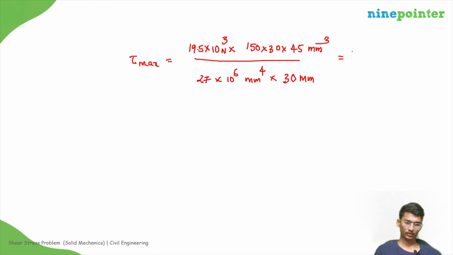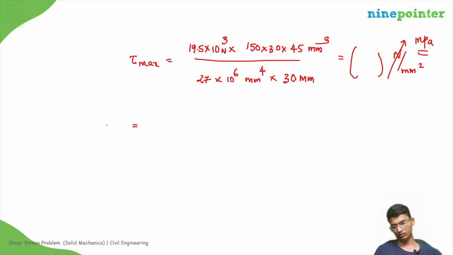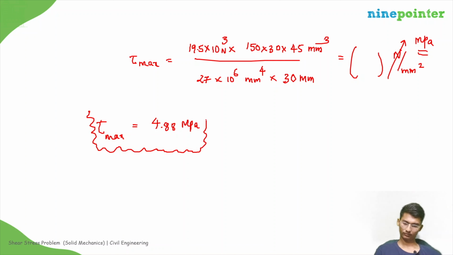So it will be value in Newton per mm square, that is megapascals. If we calculate this value, we get tau max required in the glue as 4.88 megapascals. So minimum this much value it should be able to resist to hold these two boards together.